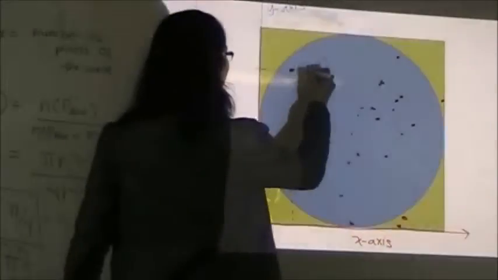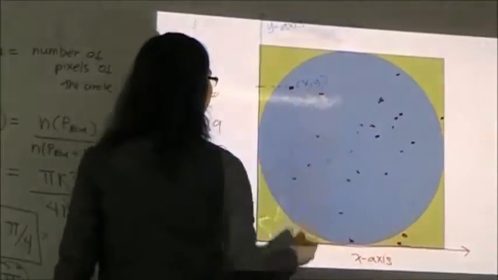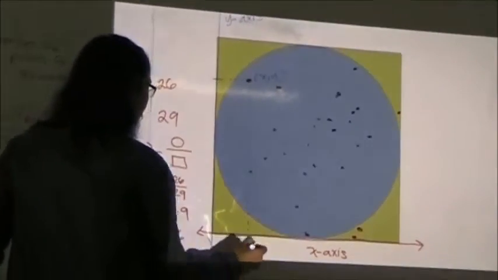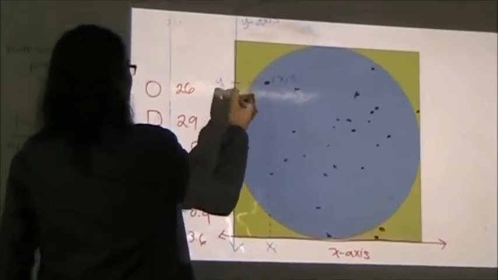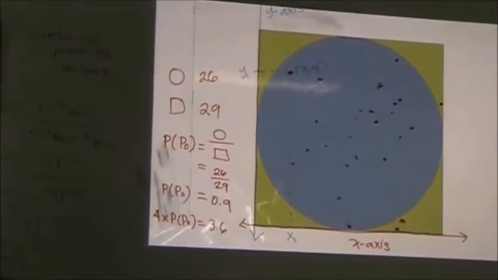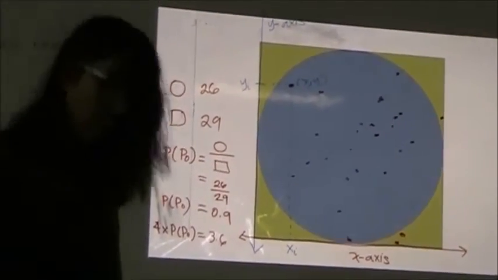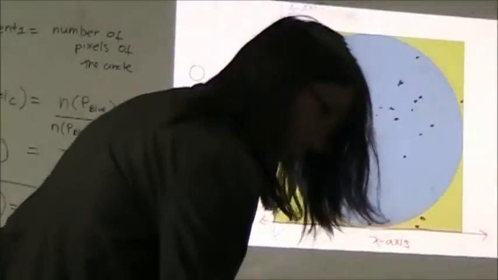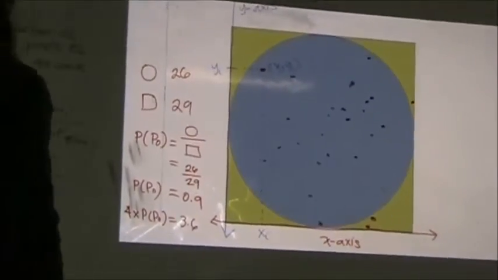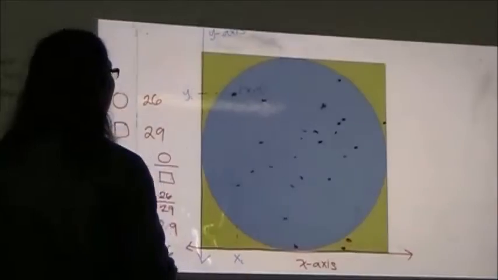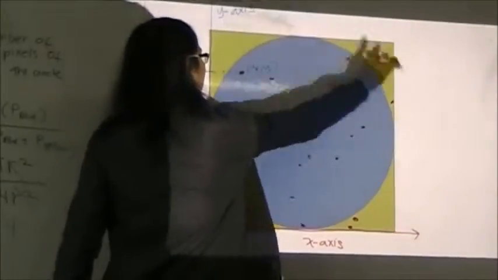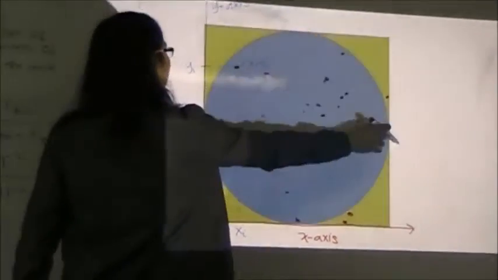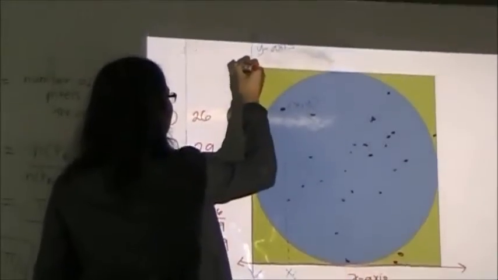If I call this x sub i and this y sub i, now, I don't want to make it more complicated than it is, so I would limit this area for the square to be 1 here, and here is also 1.